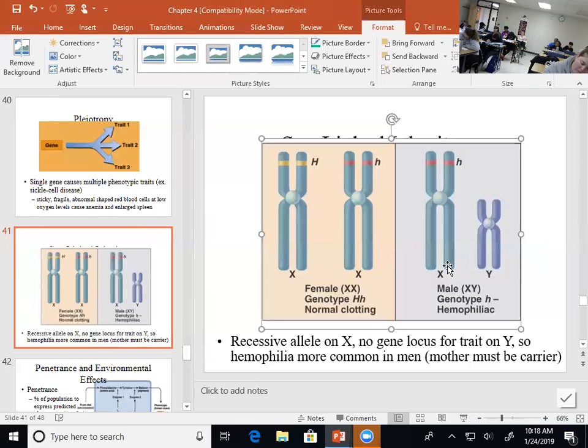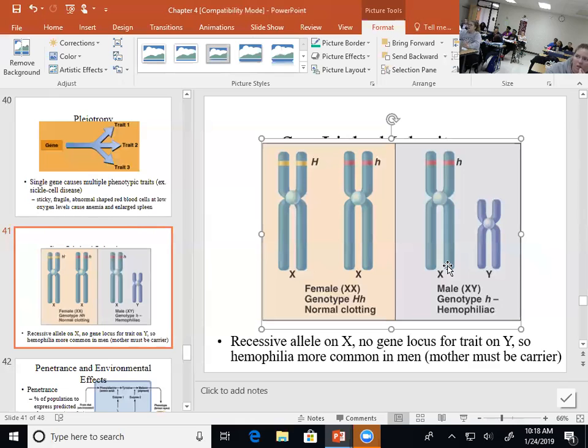Because if the X sperm gets there, that embryo will become what? A female. And if the Y sperm gets there, male. Are you with me? All right, so it's not just gender though. There are a ton of different other traits held on the X and Y chromosome.